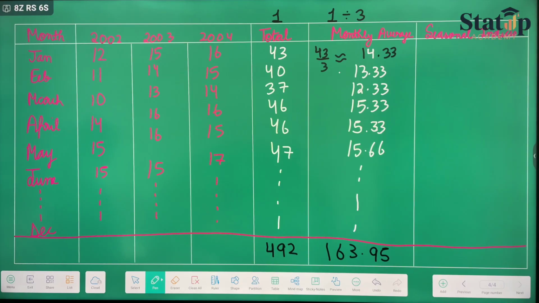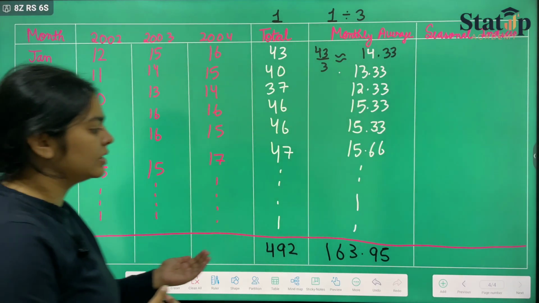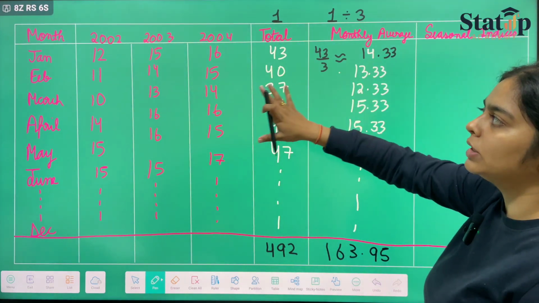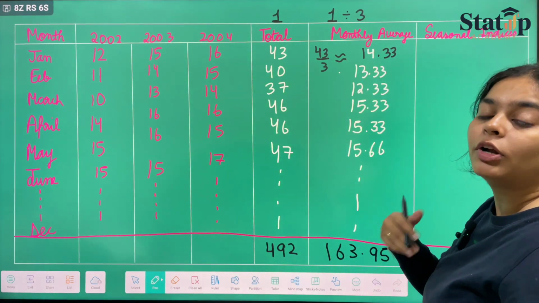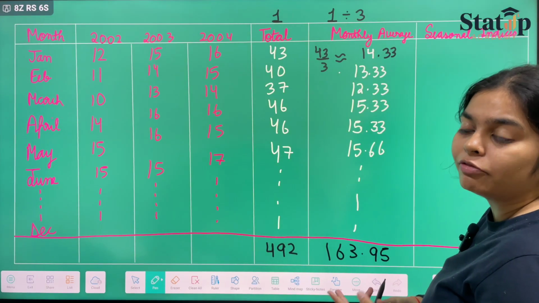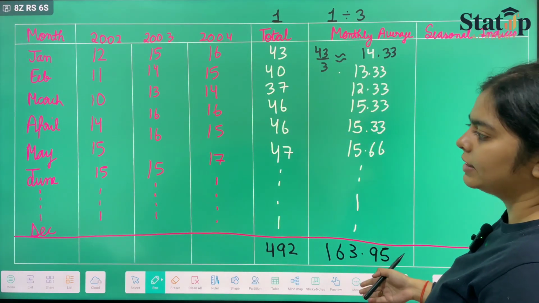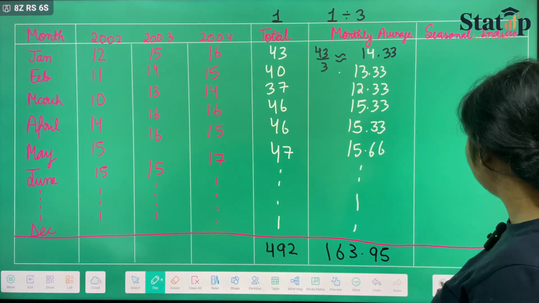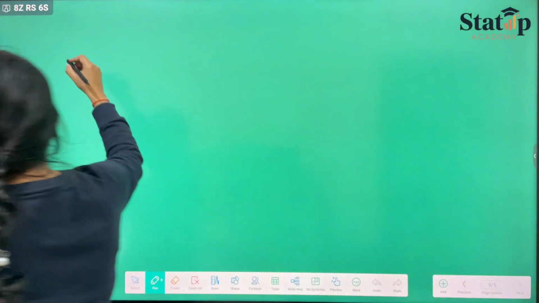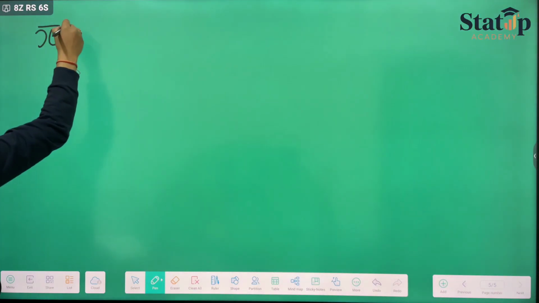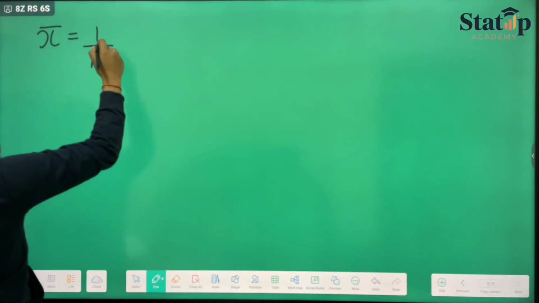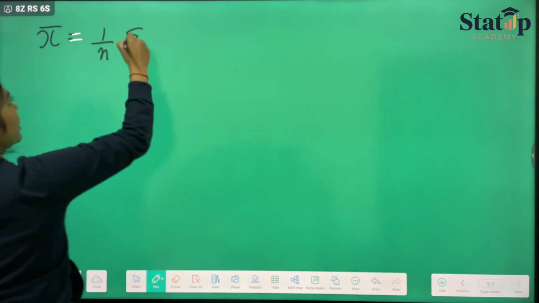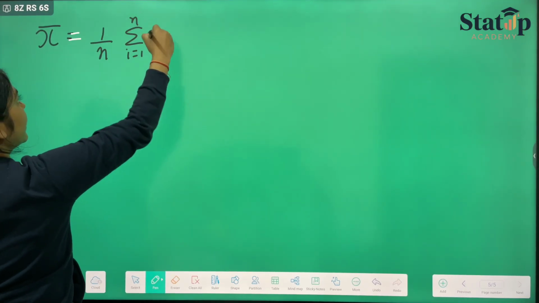Since these are the averages of all 3 years, we have to calculate for all 12 months as well. So we'll divide this by 12. After dividing by 12, we get x bar as 1 upon 12, which is nothing but 1 upon n summation i goes from 1 to n xi.